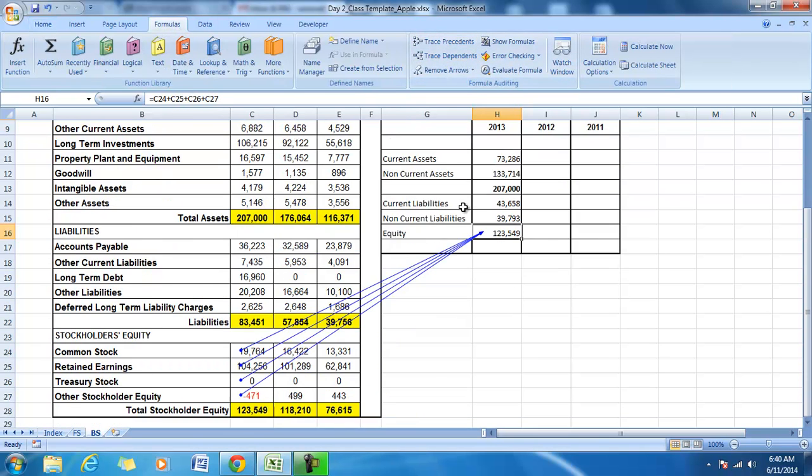Equity of the company consists of the common stock, the retained earnings, and if there would have been a treasury stock buyback of shares, that would have been reduced, and other stockholder equity. These are actually some comprehensive incomes and losses which are allowed to be shown on the balance sheet, like the fluctuations in the market value of investments.